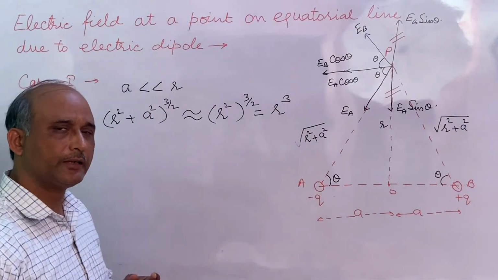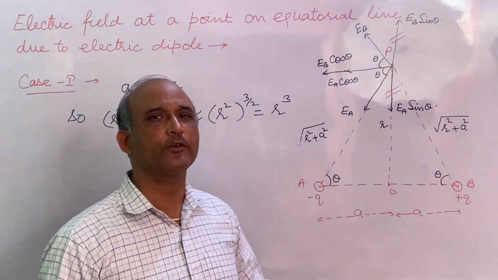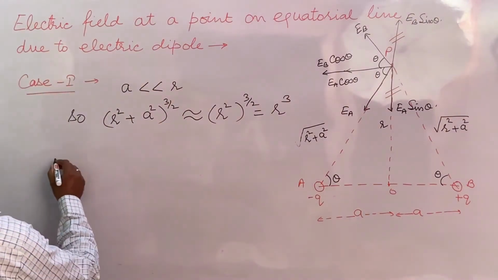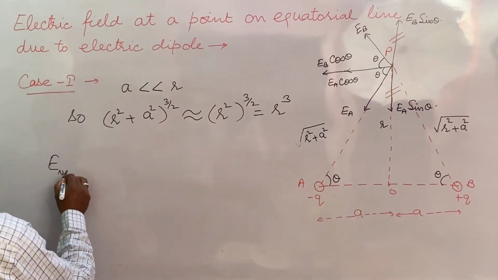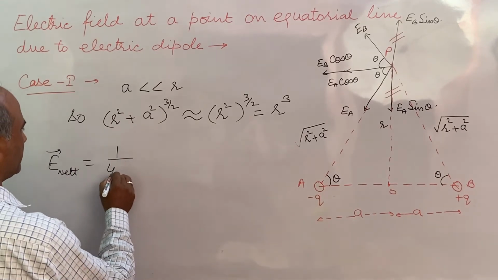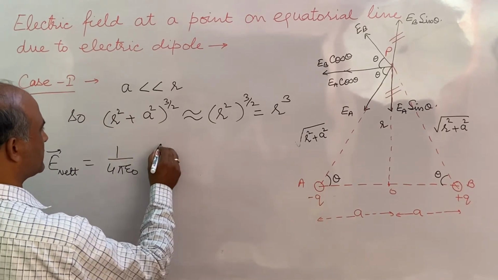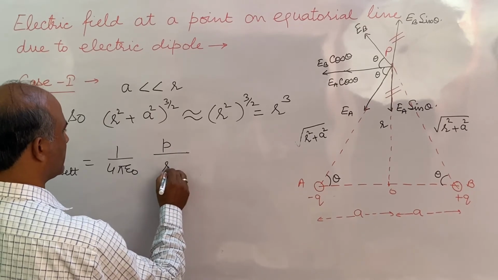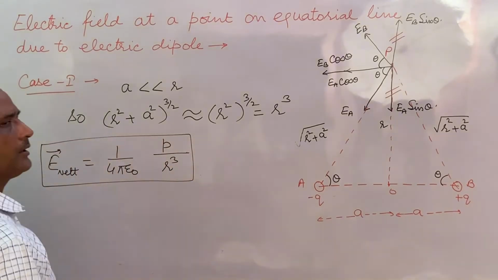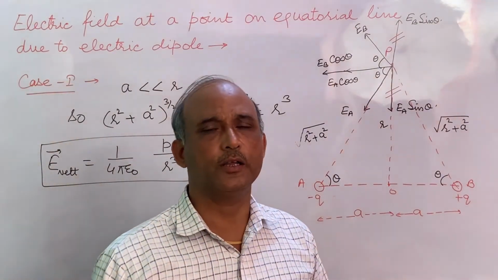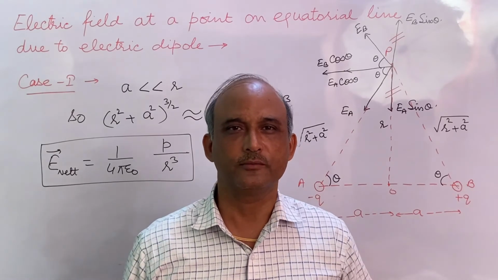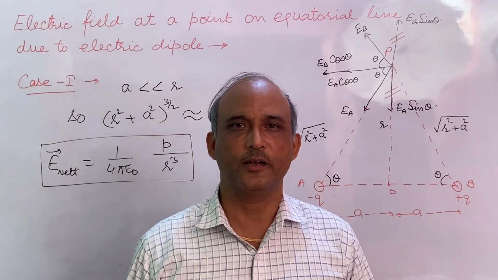So the electric field at point P on the equatorial line due to a short electric dipole will be E net is equal to 1 upon 4 pi epsilon naught P upon r cube. It is the electric field at a point on equatorial line due to short electric dipole. Is it clear?